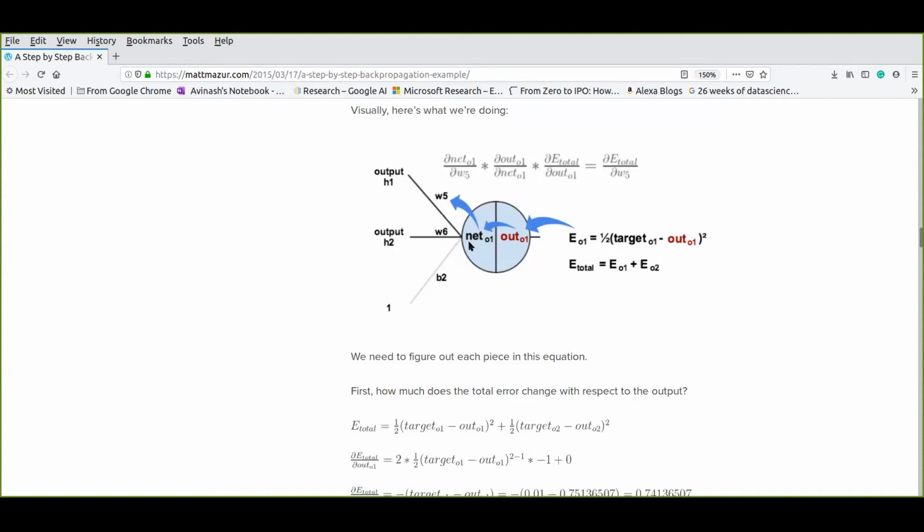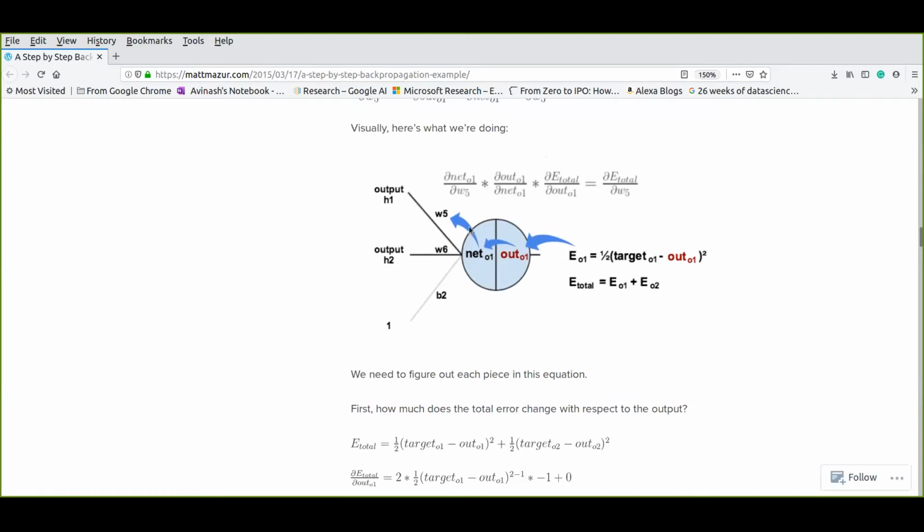Then they are passed through an activation function, and that gives you the final output O1. Now what we want to figure out is how W5, this weight here, impacts the total error, E total.